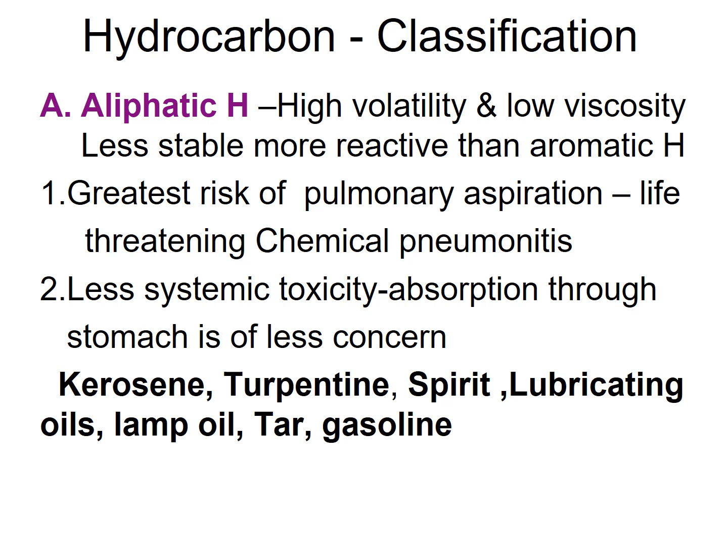Since the systemic toxicity is less, it is better you let the hydrocarbon get absorbed, especially the kerosene, turpentine, spirit, lubricating oil, lamp oil, tar, gasoline. These belong to this group. So if a child comes with these poisonings, do not do gastric lavage. In most poisonings we do gastric lavage as the first step of management, but in this poisoning that is contraindicated.